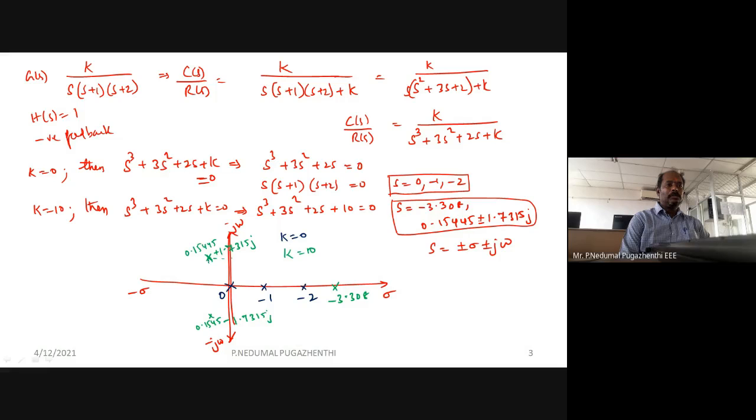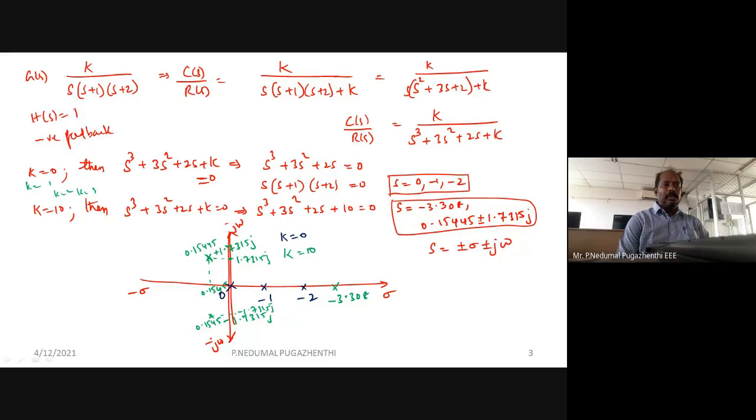This is 0.1545, and this particular is 1.7315j. Likewise the same thing, minus 1.7315j. Now you can see that we don't know which root has taken which path. If I am able to trace that from k equal to 1, k equal to 2, k equal to 3, and so on, that movement can be traced further.